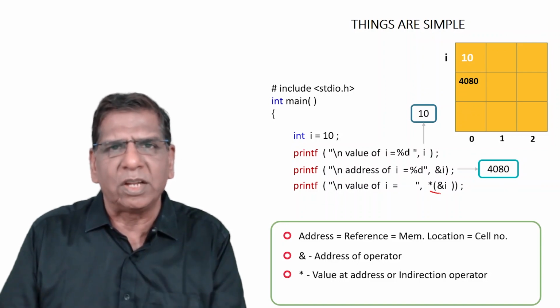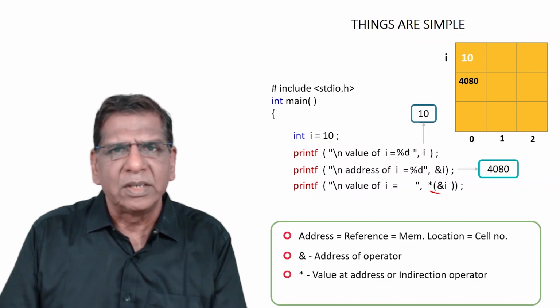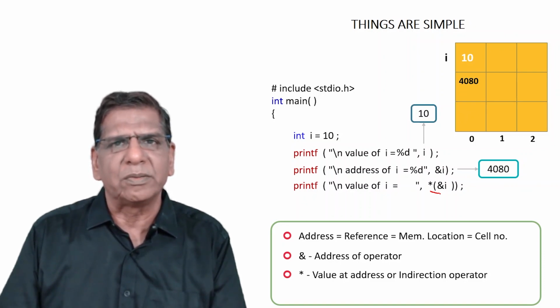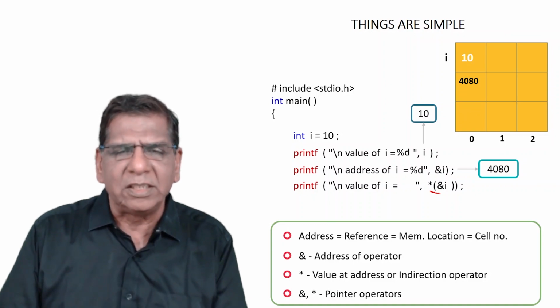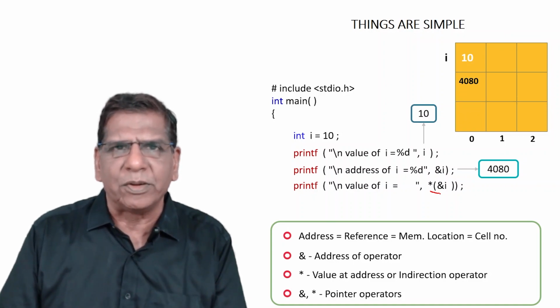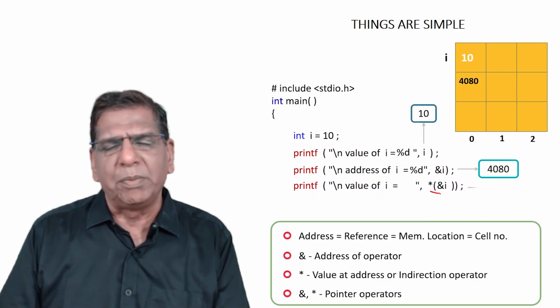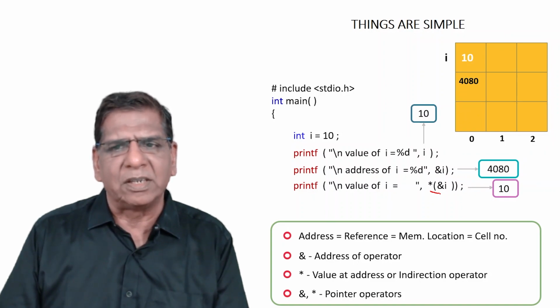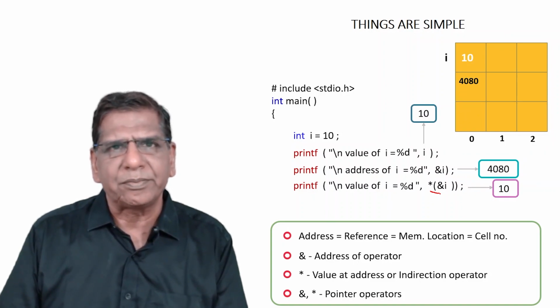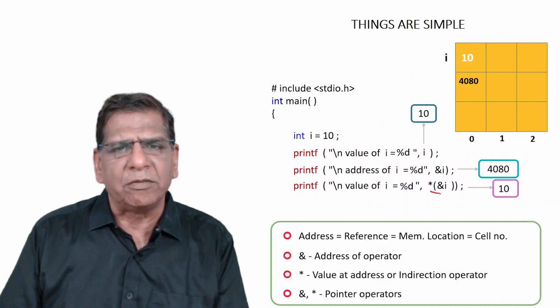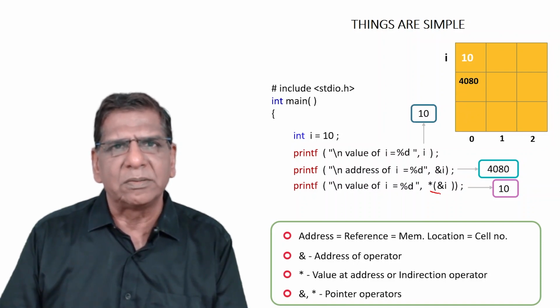And from the figure you can very well see the value at address 4080 happens to be 10. So 10 is bound to get printed out. By the way, these & and * together are often known as pointer operators. So if 10 is to be printed out, we should naturally employ %d as the format specifier. And then finally put a closing brace.